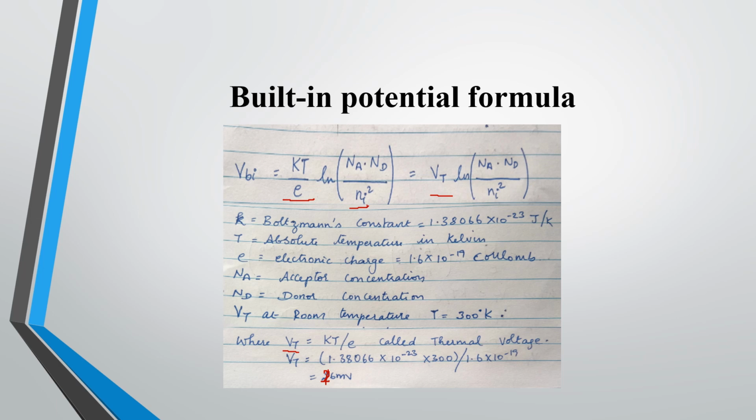So VBI, the built-in potential, is KT by E natural logarithm of Na Nd divided by Ni square, where Ni is the intrinsic carrier concentration. Based on this formula, we'll be solving a few problems in later classes. As you substitute K, T and E values, the Vt will be 26 millivolts at room temperature.